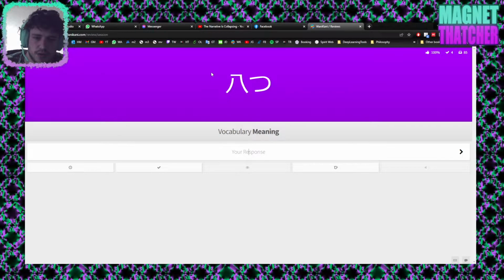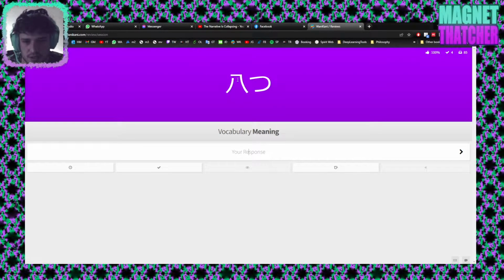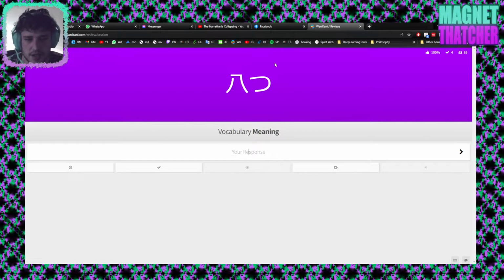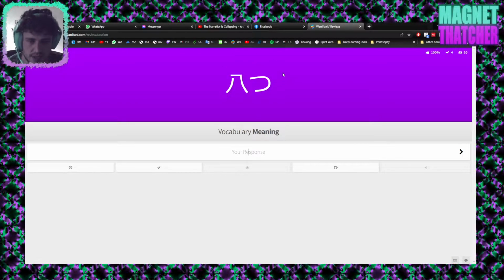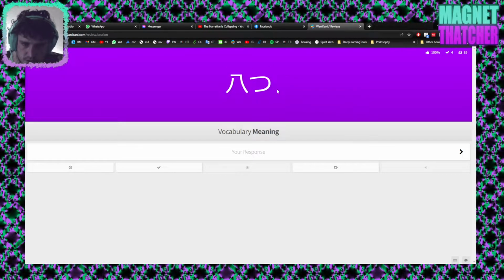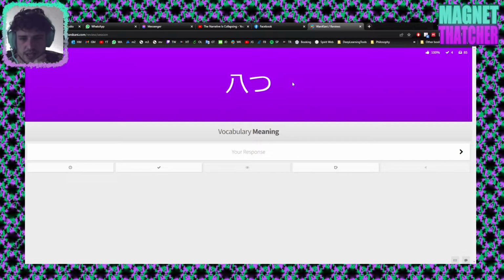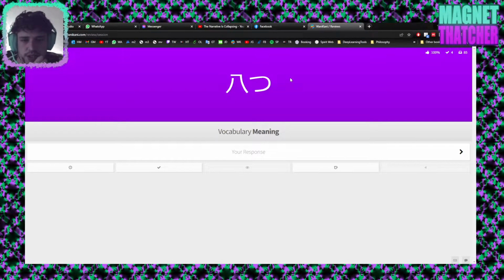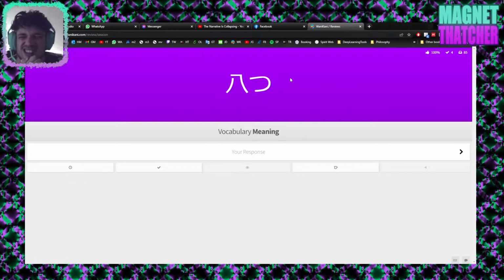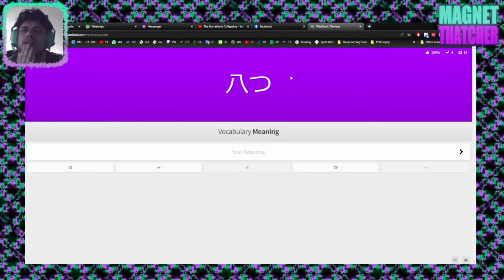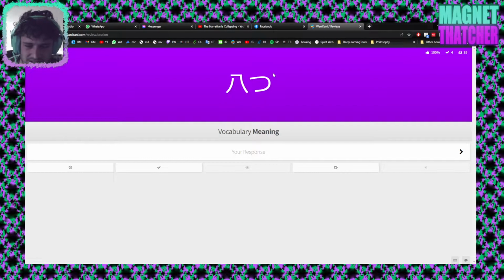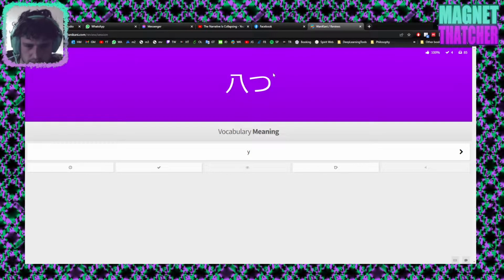So this first one is 8 because it looks like a hatch. It is hachi. But because it is a counter, as shown by the tsu, so this is a way of counting things, it changes to, what is 8? Is it yatsu? I think it's yatsu.